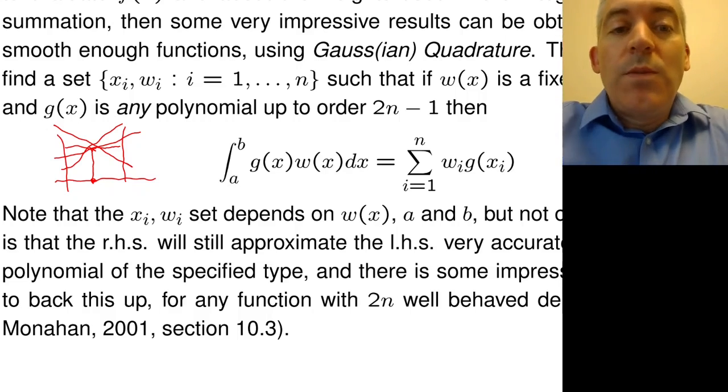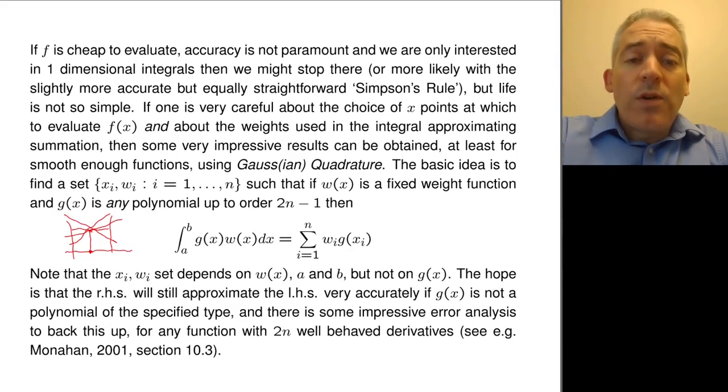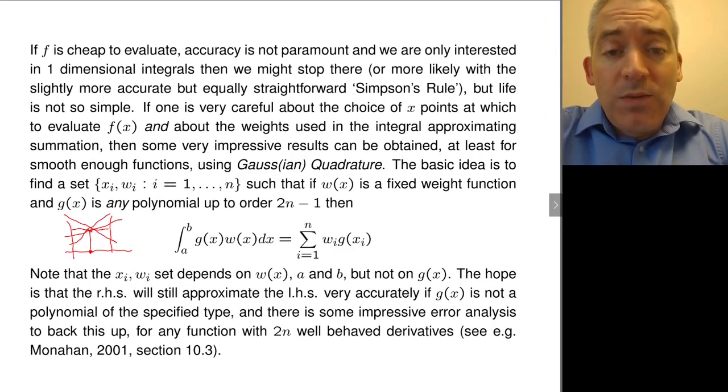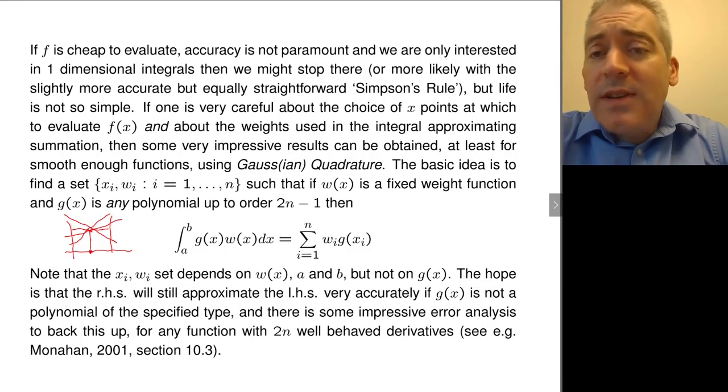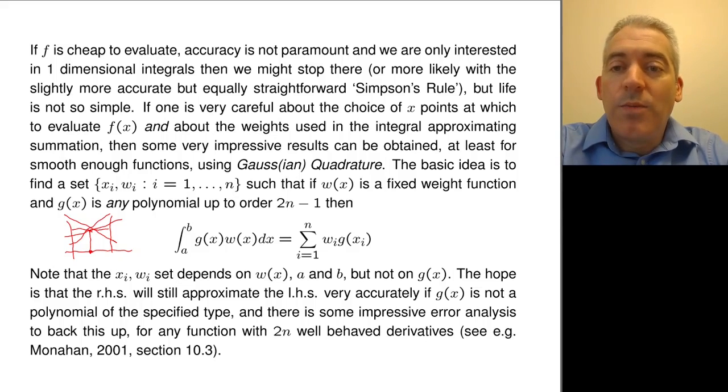So if we move up one, we say, well, with 2 function evaluations, we ought to be able to do this up to 4 minus 1, which is 3. So it turns out with just 2 function evaluations, you can figure out the integral of any cubic, right? Any polynomial up to cubic, which again seems pretty surprising, but it turns out that is possible as well.